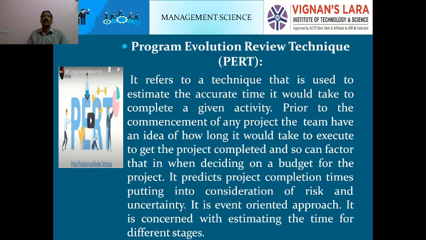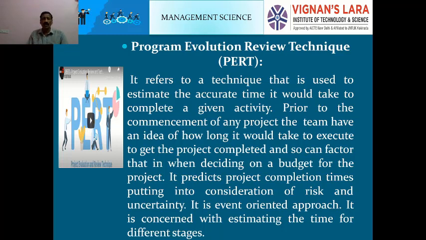The commencement of a project can be planned on the basis of how many tasks are involved to complete the project. Accordingly, PERT can be used to break down the total project into various tasks or milestones. This is the primary aim of program evaluation review technique.